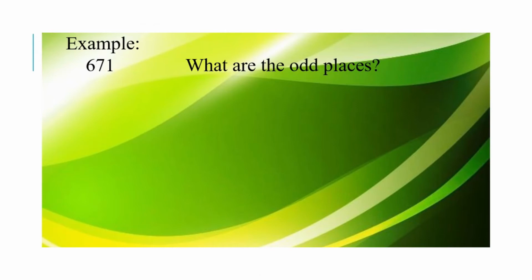Okay. Example. On your module, the given number is 671. Question. What are the odd places? On your module, the odd places were colored red.